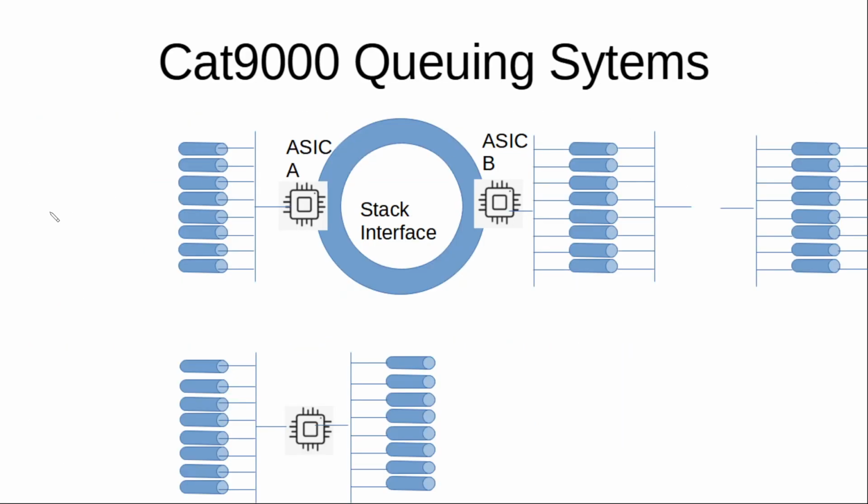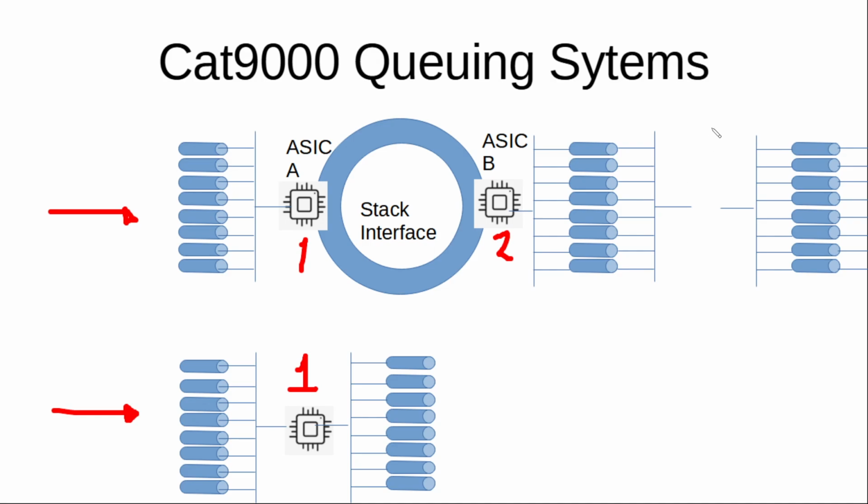When a packet arrives into your switch, two things can happen. Your packet may be processed by a single ASIC, or it may have to be processed by two different ASICs. The process is hugely different.